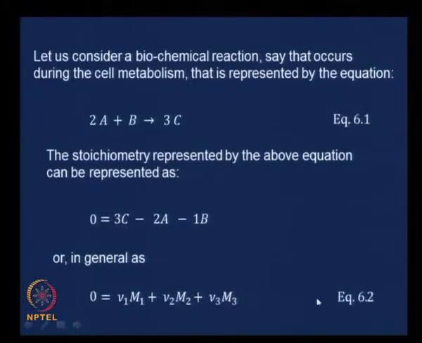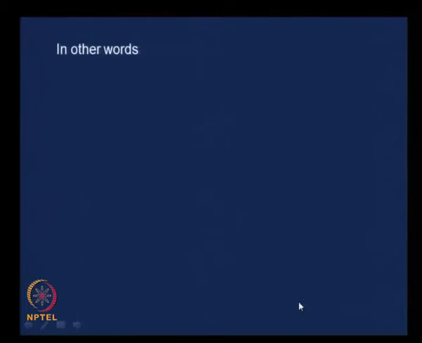Let us call this equation 6(2). I wrote it in this form for a reason. I can now make this into a compact notation: 0 equals sum over i of mu i mi. This is the reason why I had written it that way.